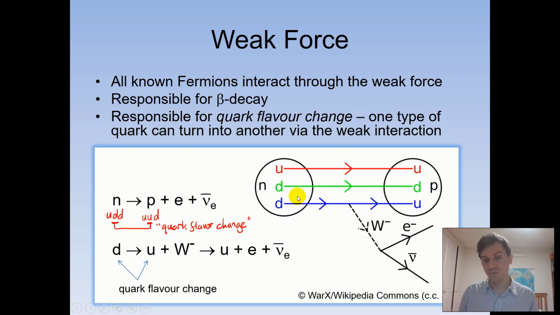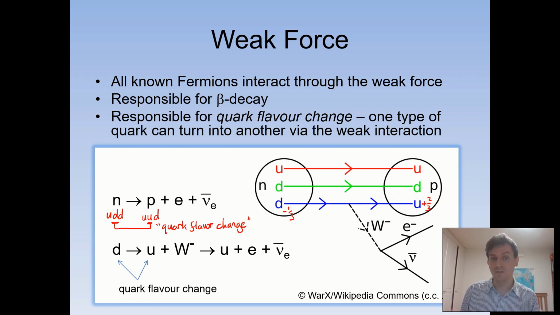You start with a neutron, then one of the down quarks, in this example the blue charged down quark, turns into an up quark, and obviously that doesn't conserve charge, right? Because the charge on the down quark, the electric charge I'm talking about now, was minus 1/3, and the charge on the up quark is plus 2/3. So you see, to go from down to up, you've gained +1 charge.